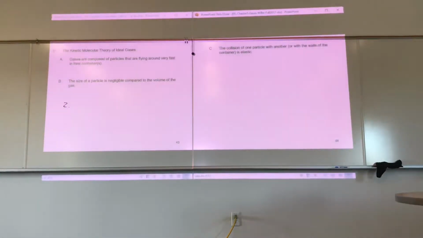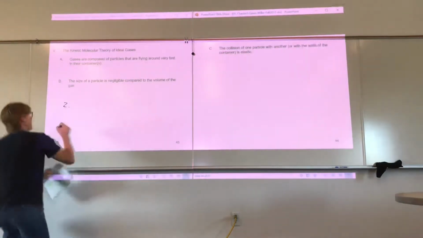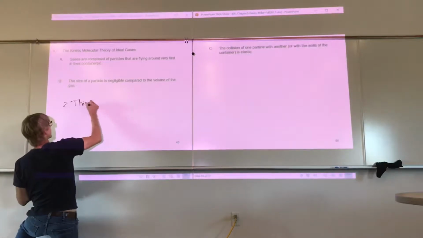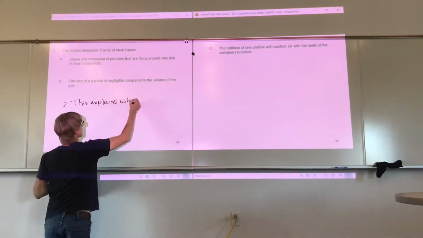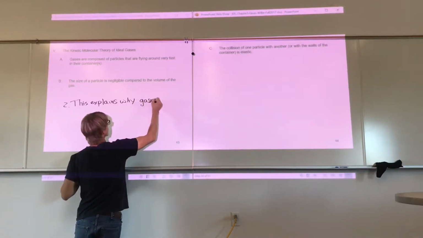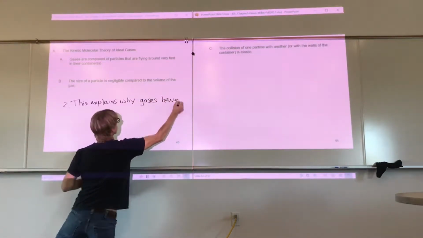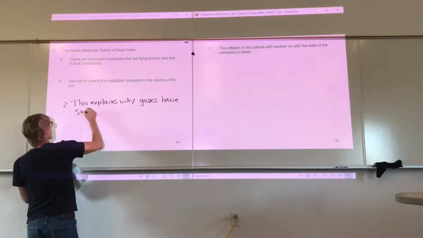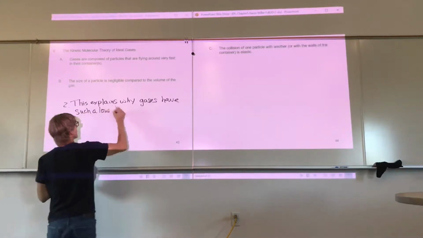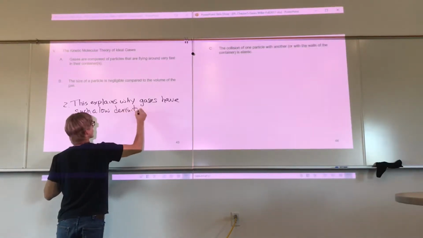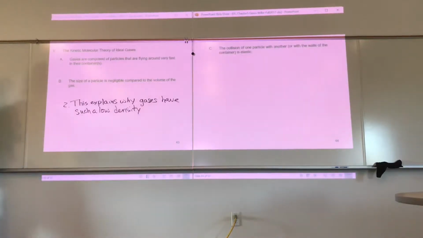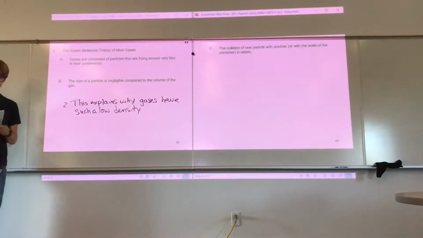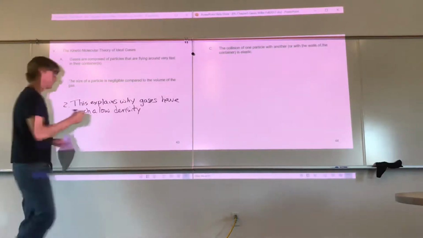This explains why gases have such a low density and are so compressible.